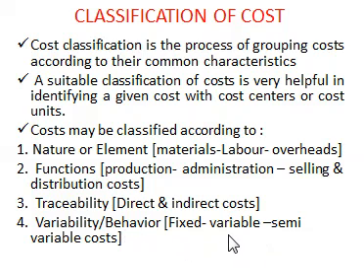Another way is to classify a cost according to behavior or variability. Under here, a cost can be classified as a fixed cost, which means the cost remains constant at all levels of activity. A variable cost varies according to the level of activity. A semi-variable cost contains two characteristics: one part that is fixed and another part that is variable.